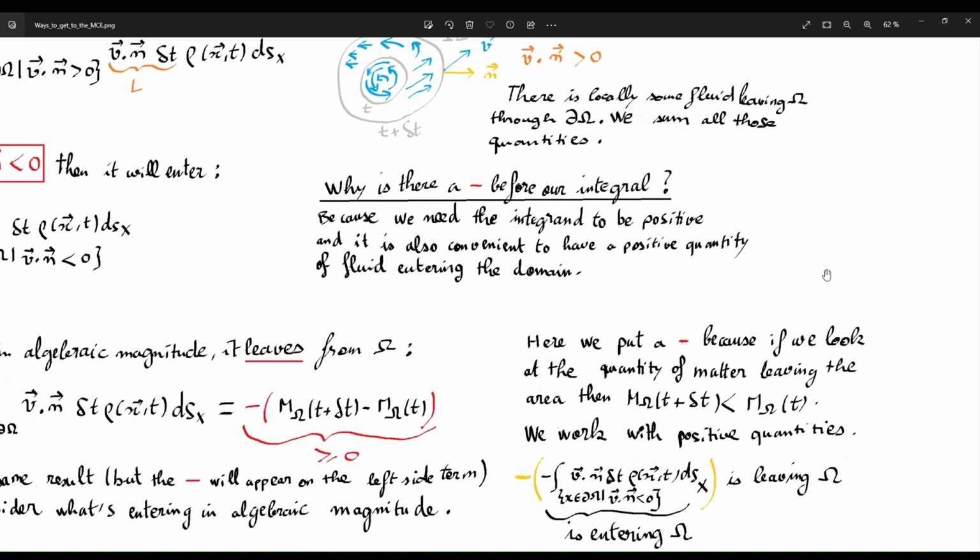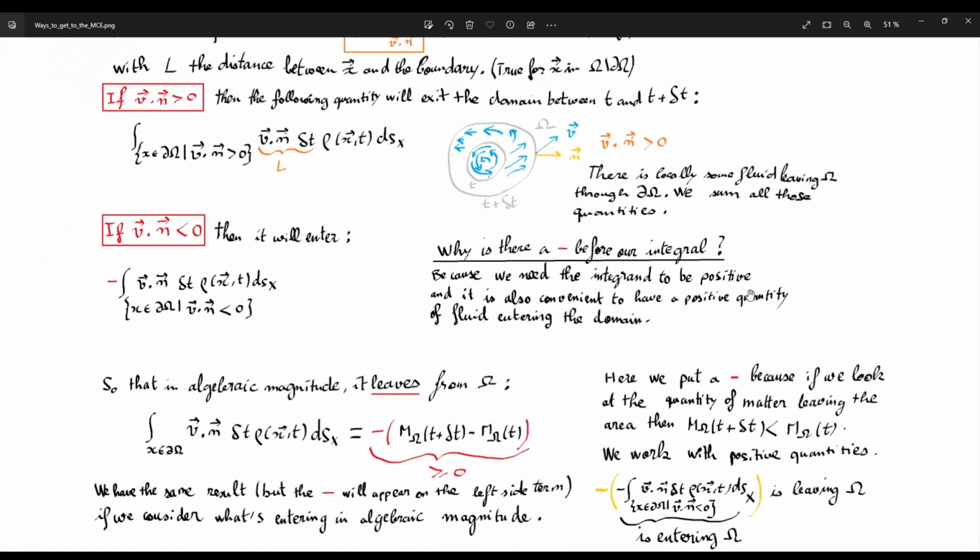When you think about it, our integral can be considered as the opposite of the quantity of matter that is entering omega plus the part that is leaving already. So double minus for the integral related to the x on the boundary such that v scalar n is negative. We end up having the same integral, and the sum of the two integrals gives us an integral on all the boundary.